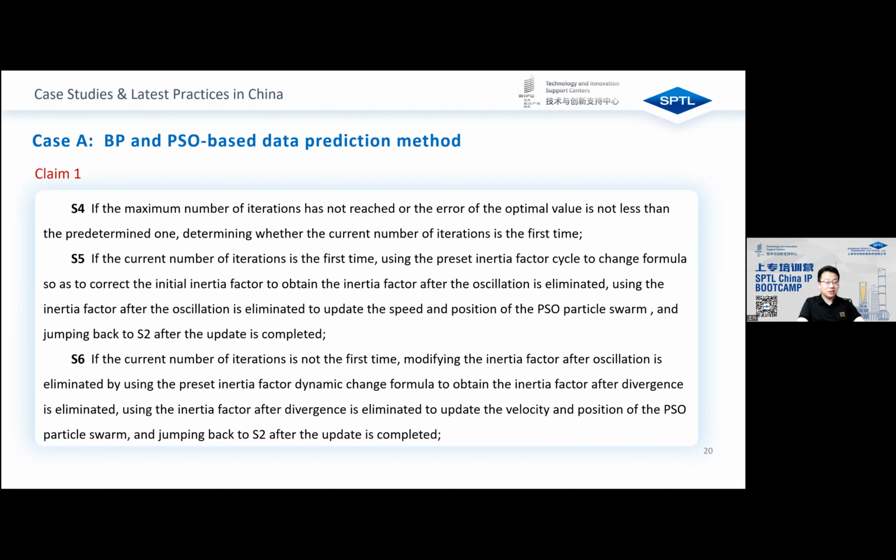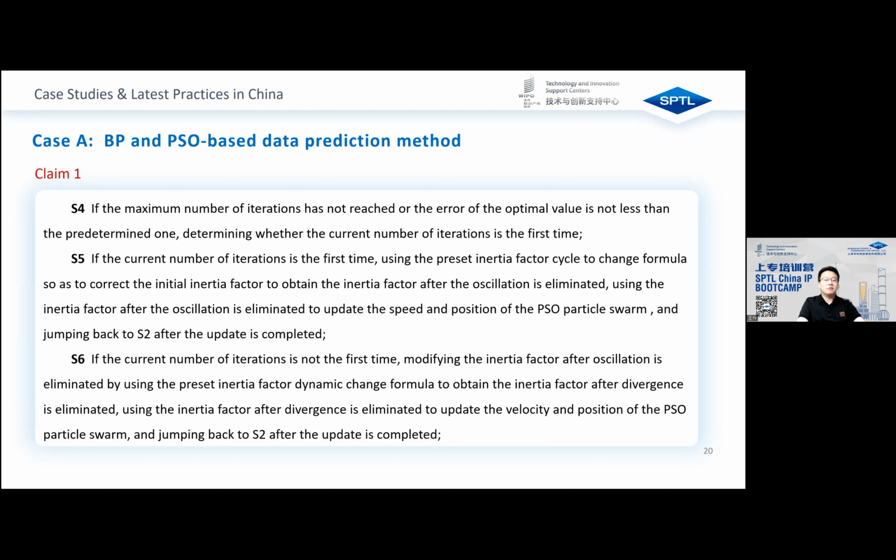Using the inertial factor after the oscillation is eliminated to update the speed and the position of the PSO particle swarm, and jumping back to step 2 after the update is completed. It sounds like a mathematical interpretation of a newly established algorithm in the midterm presentation of a student in the mathematics department, isn't it?